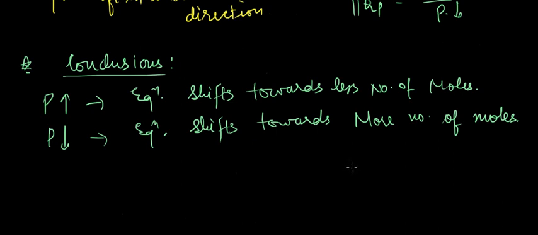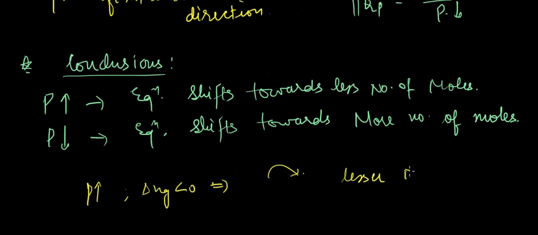And when we were increasing the pressure and the delta ng was negative, that means equilibrium shifts towards the forward direction. And why was that the case? Because delta ng was negative, so let me rewrite it: when pressure was increasing and delta ng was negative, this implies that the reaction was going in the forward direction, or going towards lesser number of moles.